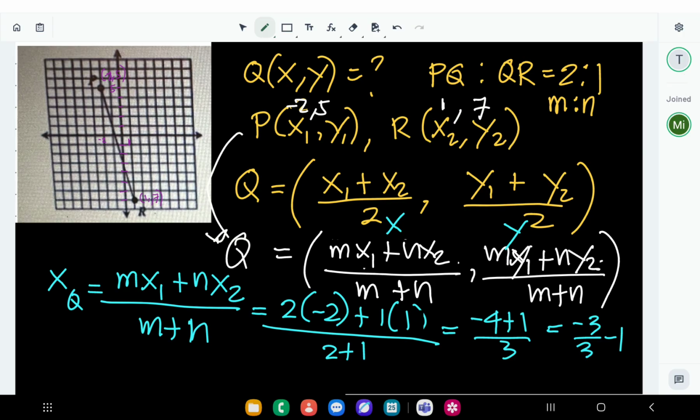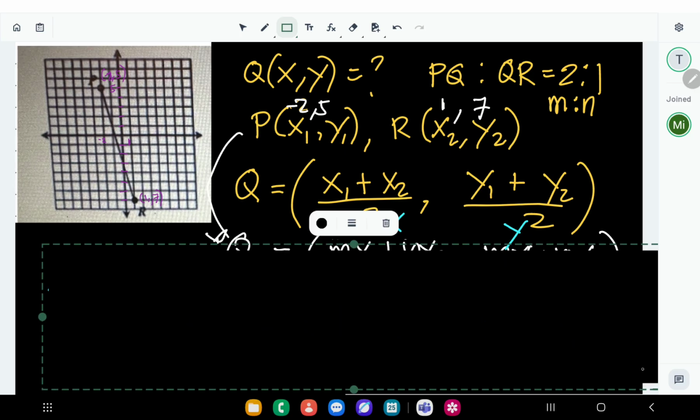Or maybe I did it the other way around. Oh wow, the formula. Okay, can we do it again? Because I interchanged the formula.